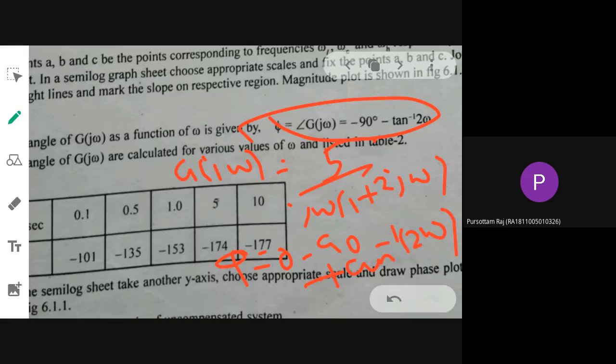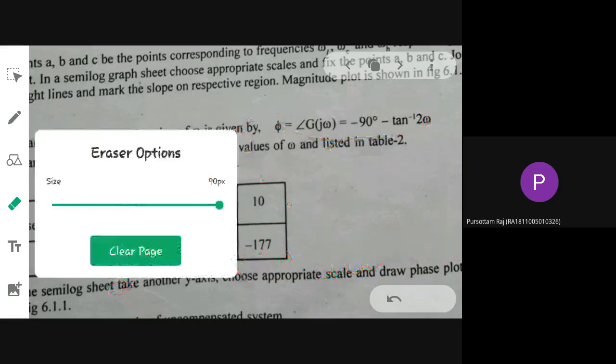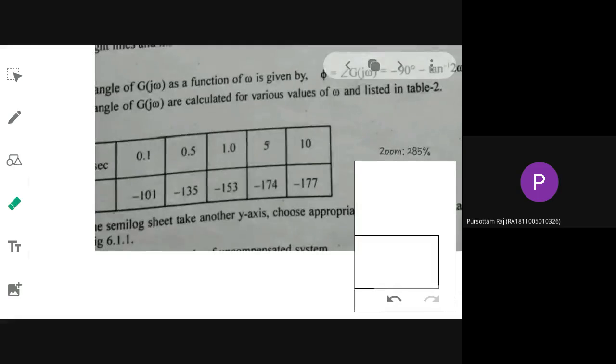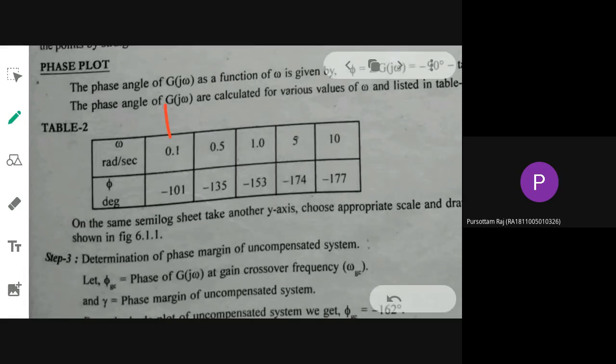You will substitute different values of omega here, calculate the phase, and tabulate it. By substituting omega 0.1, 0.5, 1, 5, 10, the phase angle values are all negative, ranging from minus 101 to minus 177. With these two you have to draw the Bode plot.